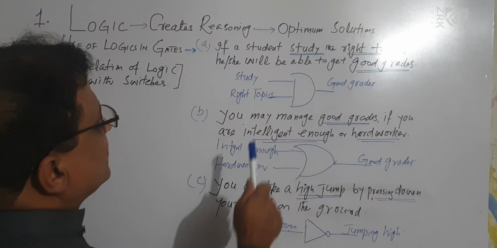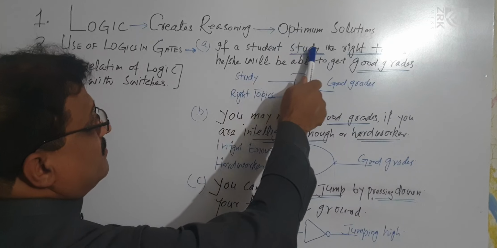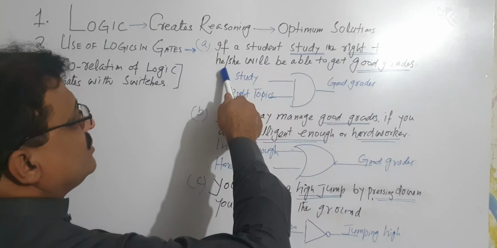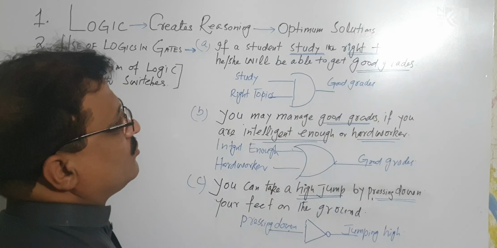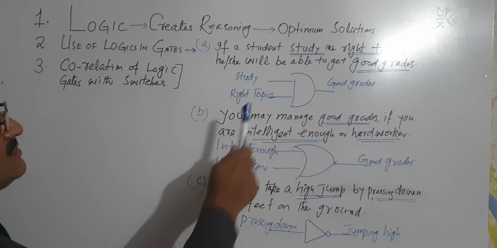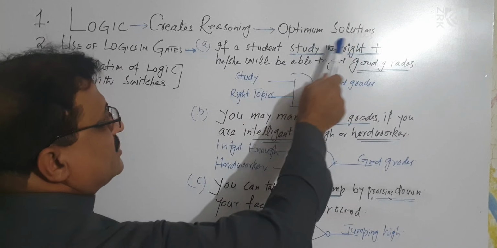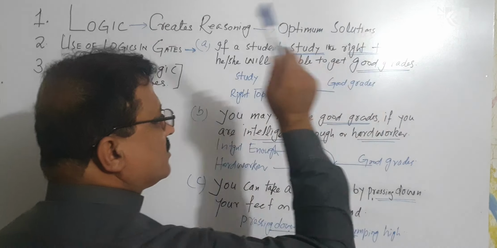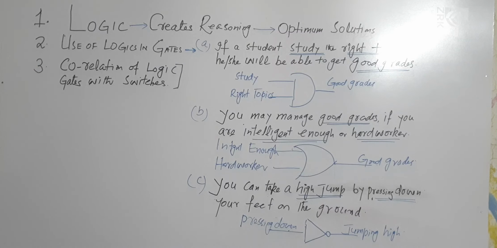Now here you can see that if a student studies but studies some irrelevant topics, he or she will not be able to get good grades. So the two reasons or the two conditions must be satisfied in order to get the outcome, which is good grades.